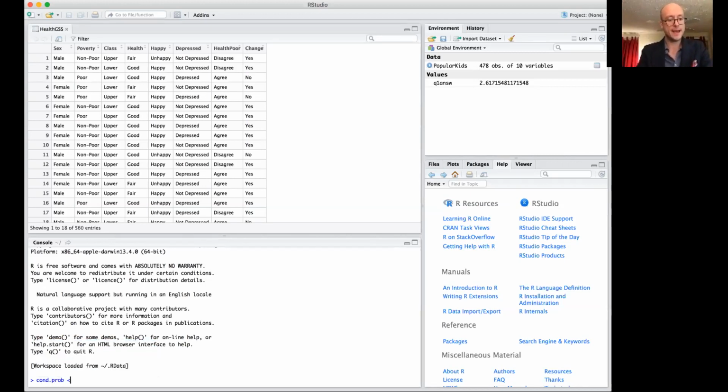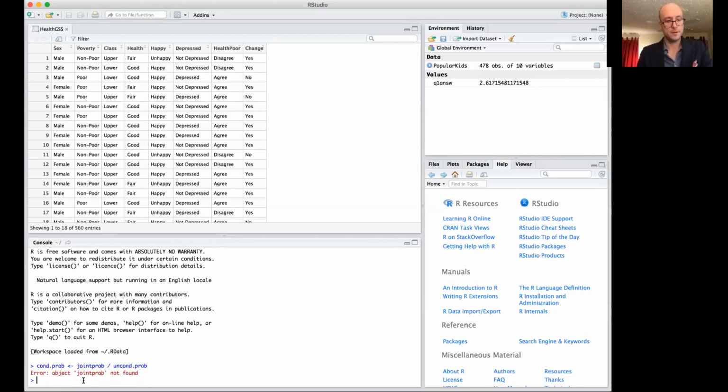We can assign it as joint prob divided by unconditional prob. It doesn't want that object defined, because I have to define each object independently. Anyway, the point is you can actually do a lot of mathematics here.